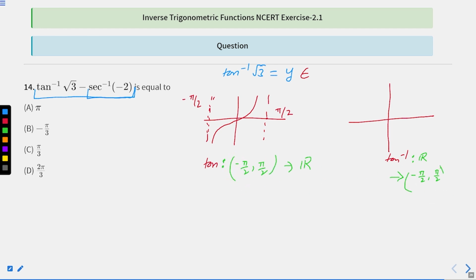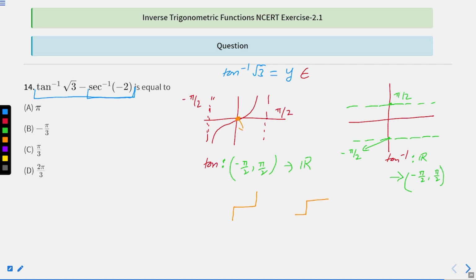So this means the range will be what? Here we will be getting the horizontal asymptotes at pi by 2 and at minus pi by 2. Now, as you can see, this graph goes down to up in increasing order, so you get something left to right in increasing order like this.